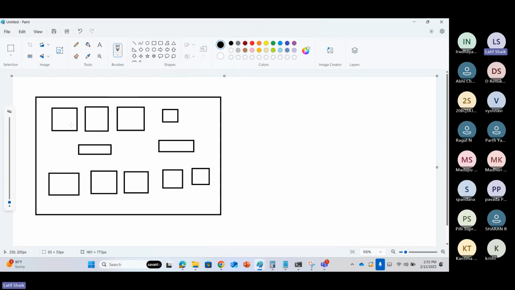Either hub, switch, or wireless access point, I can use it, so then these devices will communicate with each other. The first one we call a LAN. Everything is LAN only. The second one we call a WLAN.